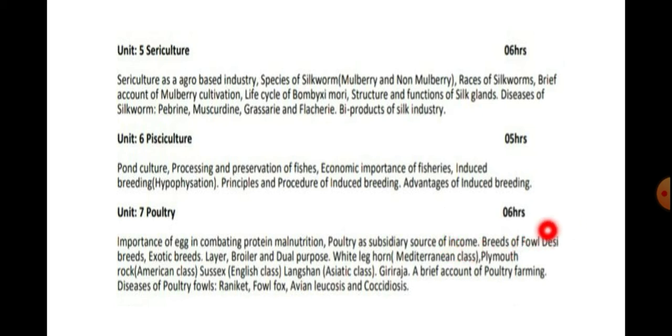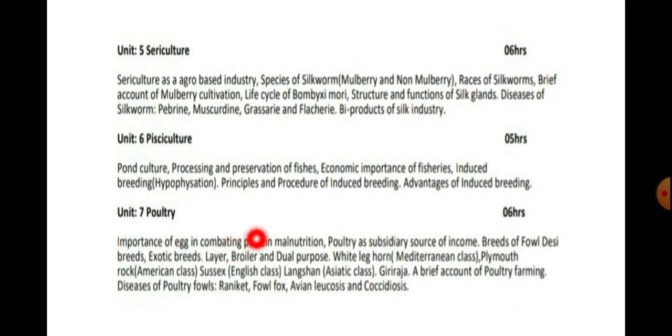And then breeds of fowl. Fowl means cock and hen. There are two types of breeds: desi breeds, which are of our country, and then exotic breeds, which are from other countries, okay. And you can see 3 types of birds, hen and cock, and 3 types. In that, one is layer.